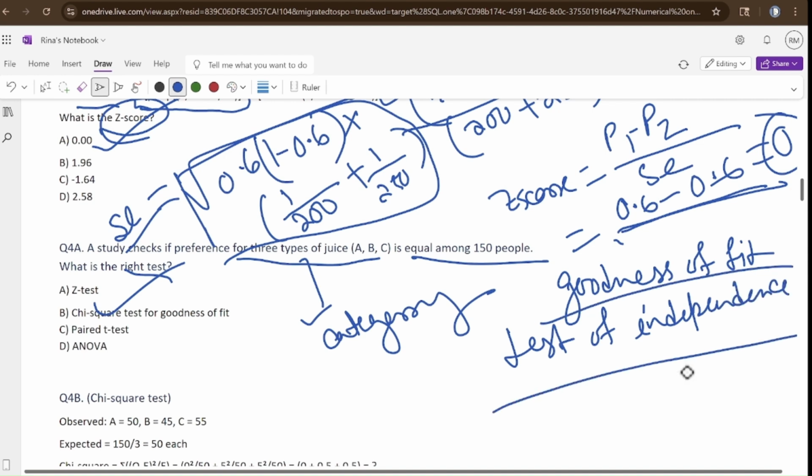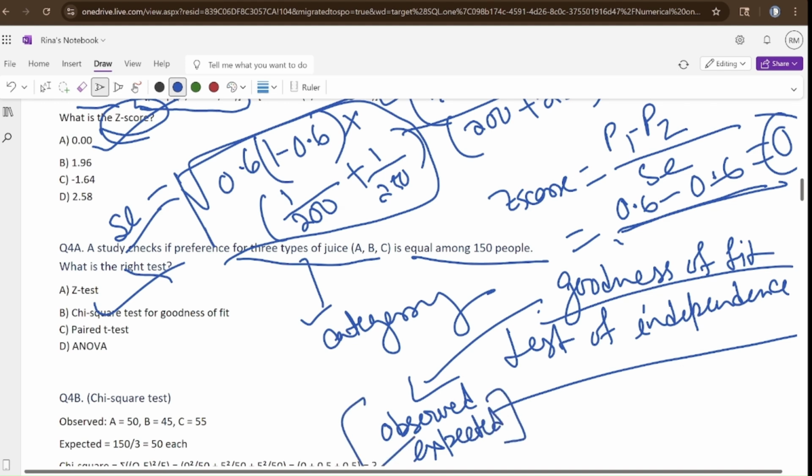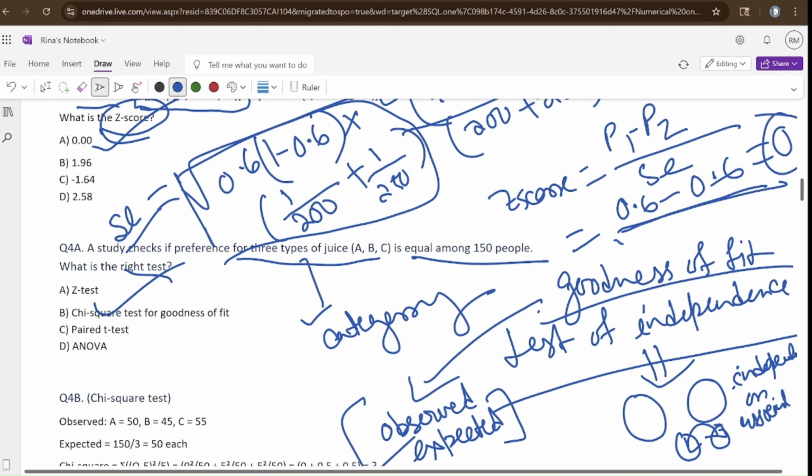Goodness of fit is used to check whether the observed frequency fits an expected frequency. So here you have observed frequency and expected frequency. But test of independence is used to check whether two categorical variables are independent or associated. You just have to remember this thing, independent or associated.